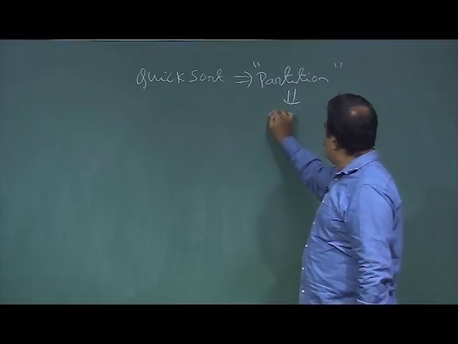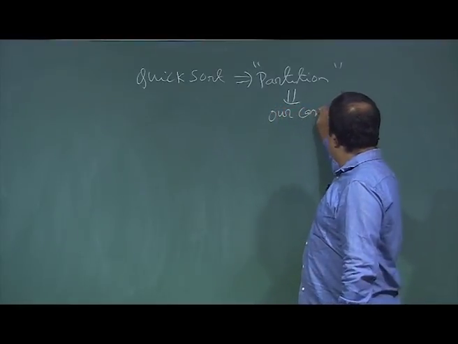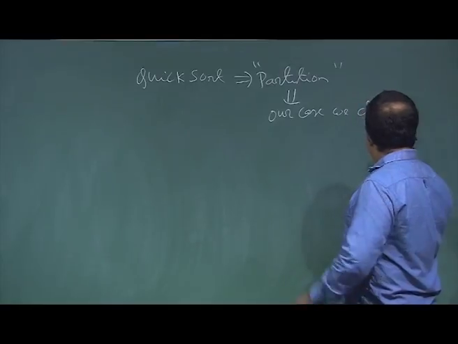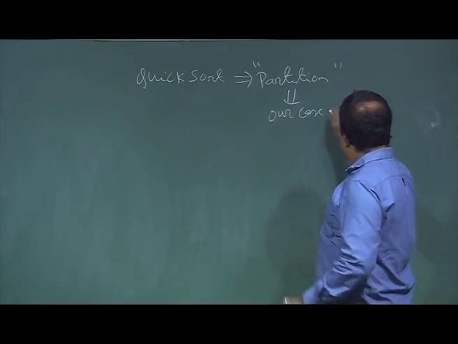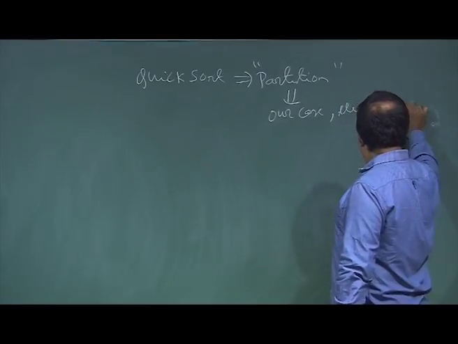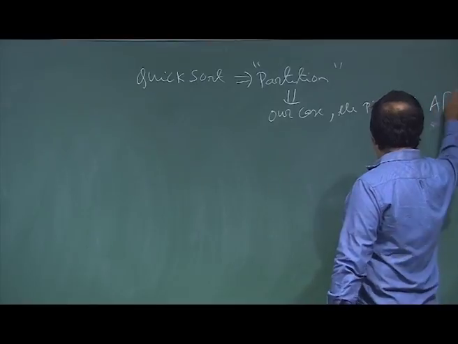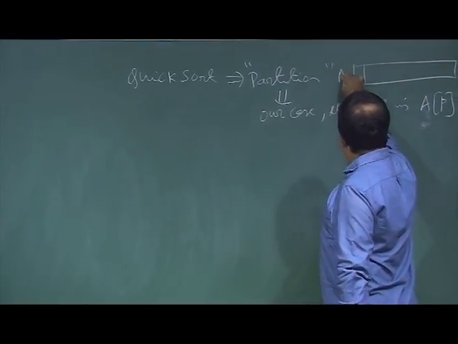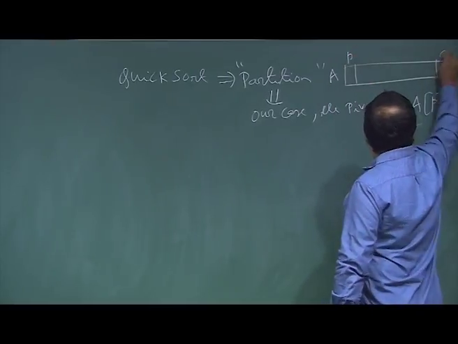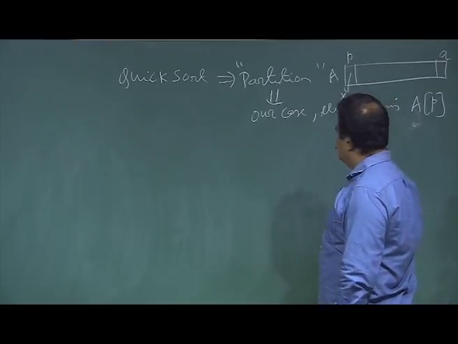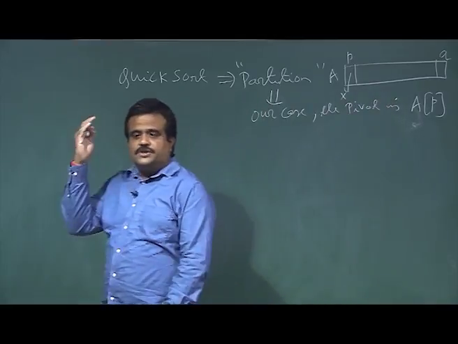In our case the pivot is A[P], basically the first element. If we have an array from P to Q, the pivot is this one, X, in our partition algorithm. So we know the position of the pivot.